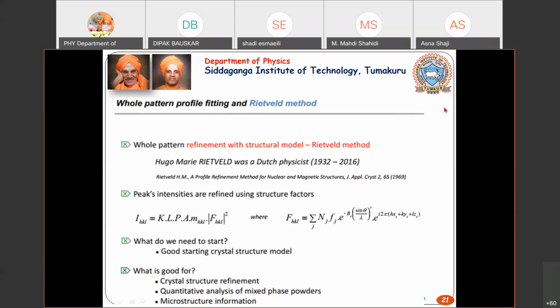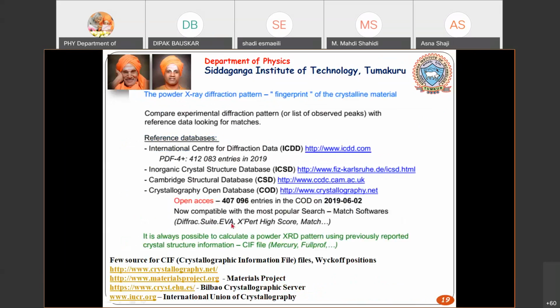Previously, they used to use this algorithm manually, with paper and pen, so it used to take a lot of time. Now you have a lot of software like FullProf, EVA, X'Pert HighScore, Match, and all those things.